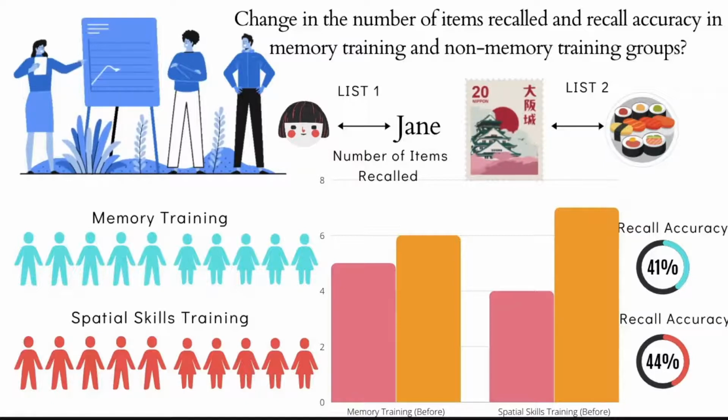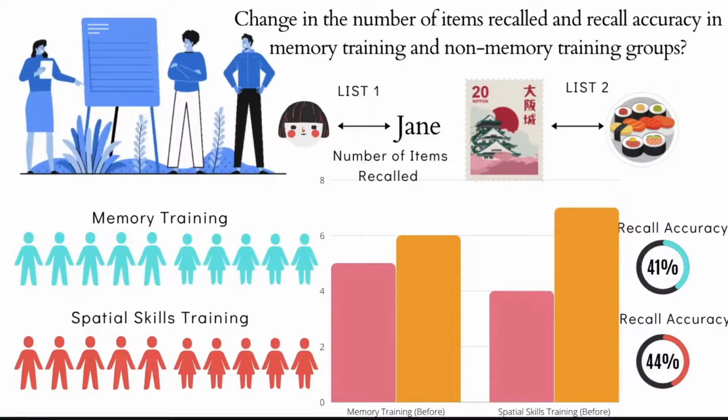In the memory training, the participants learn about different strategies to better encode, store, and retrieve and recall information. So in other words, they get better in their memory capacities. And in the spatial skills group, they learn how to better their spatial skills, which has got nothing to do with their memory at all.